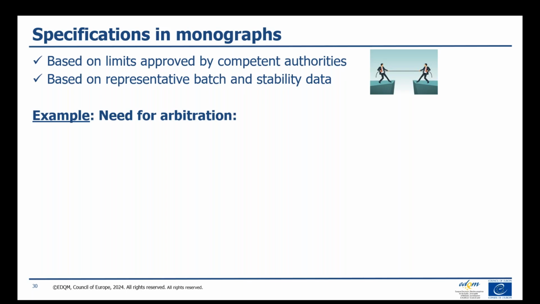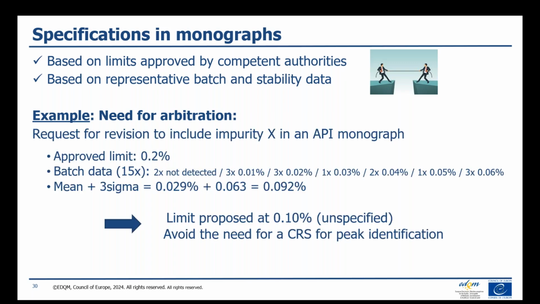So I will give you an example. For example, if we receive a request to introduce a new impurity with an approved limit of 0.2%, we will look at the batch data. Here I put an example of batch data that we can obtain. And we will use the mean value plus 3 sigma approach.